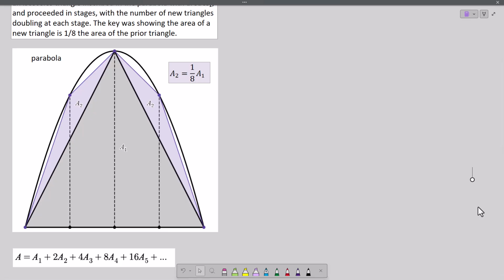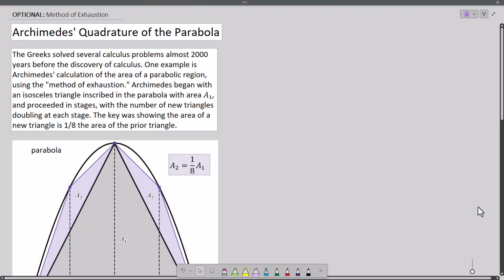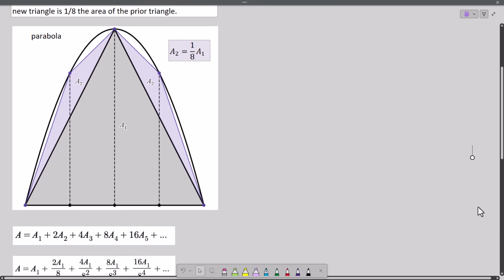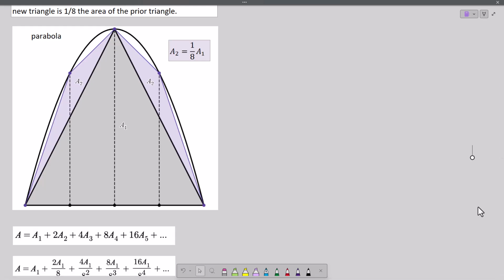It turns out that if you take your parabolic region and you bisect it and create this isosceles triangle, then you take and bisect each of those two intervals and you create these other two triangles that we're going to call a sub 2. They call this the method of exhaustion. We are going to exhaust all the area underneath the parabola by continuing this process.